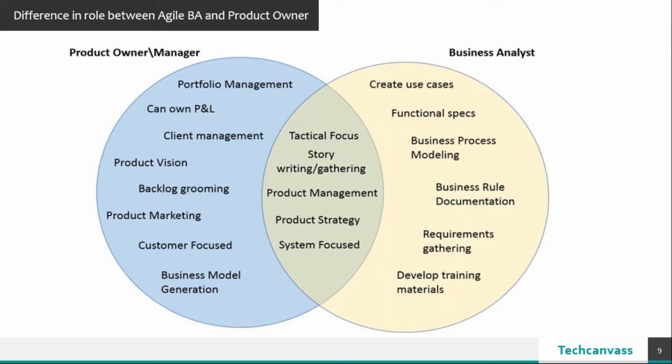In such circumstances, it is advisable that you have a product manager on top who would take some of the roles of the product owner, like portfolio management, the marketing bits, and the profit and loss bits. So these work items can also overlap to a product manager's role as well.